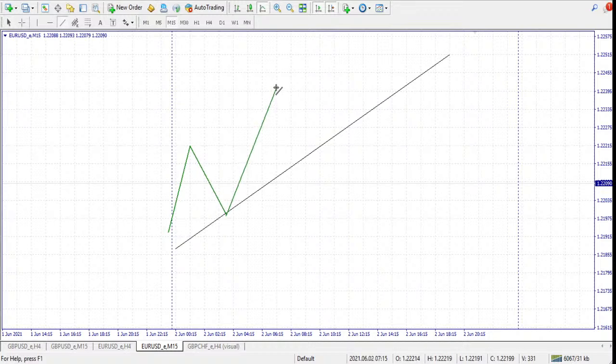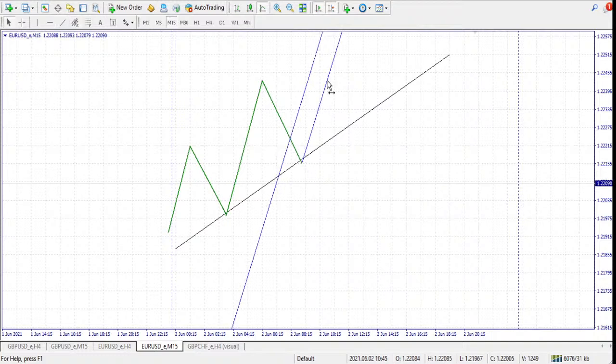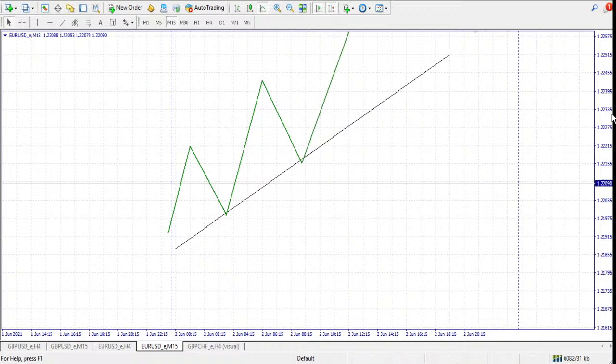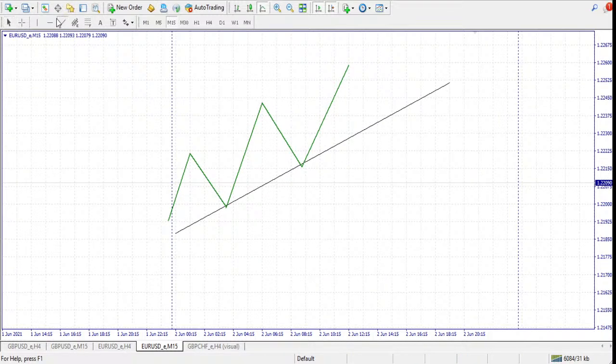It continues up, the same thing happening. It does not break below it. Instead, it continues up like this, and then it comes down like this. So this is a very good example of a diagonal support trend line.